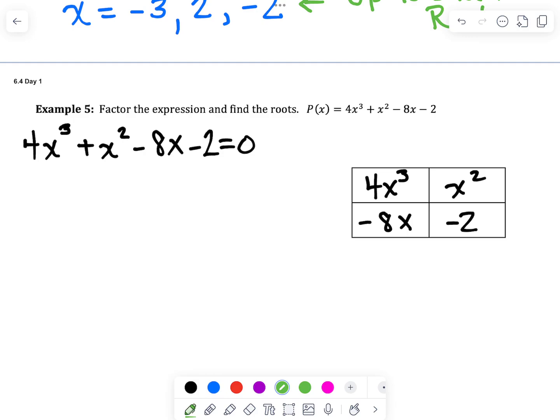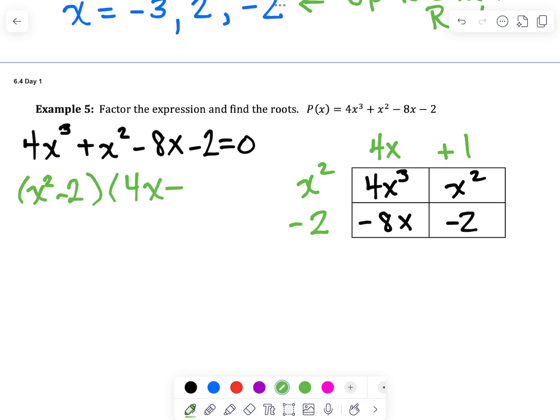So the GCF of the first column is going to be 4x. The GCF of the second column, let's put positive 1. The GCF of the first row, x squared. And the GCF of the second row, negative 2. So there's our binomials. So now we write them in factored form. So we have x squared minus 2, and then 4x plus 1.